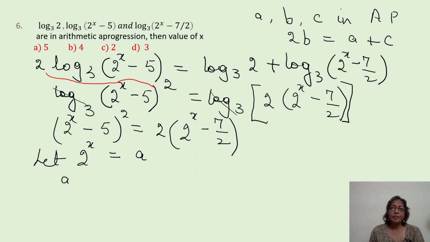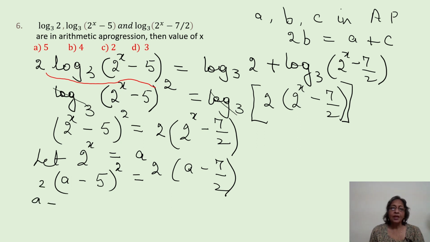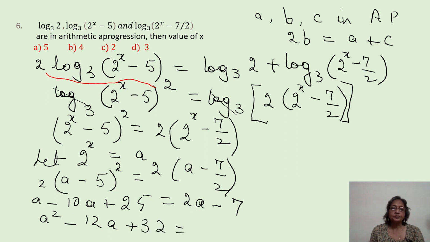So what I get in the bracket is a minus 5, the whole square, is equal to 2 into a minus 7 upon 2. Open out this bracket, so you'll get a square minus 10a plus 25 is equal to 2a minus 7. The 2 and the 2 cancel. So what we get here is a square minus 12a plus 32 equal to 0.